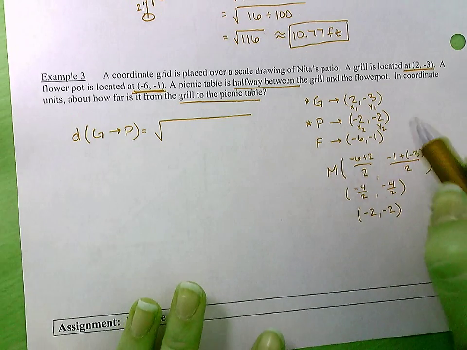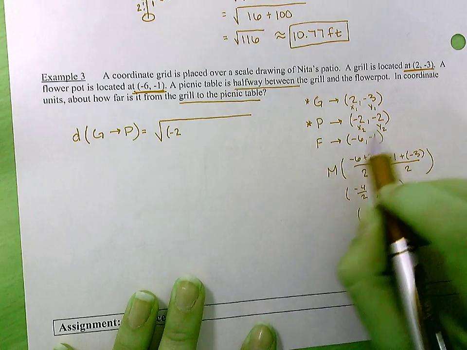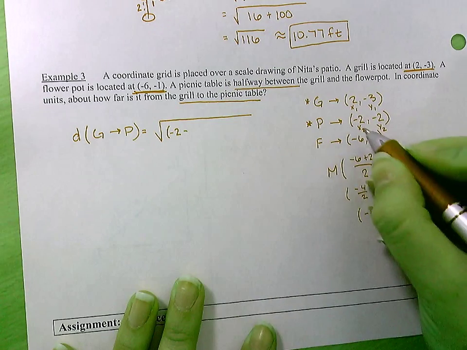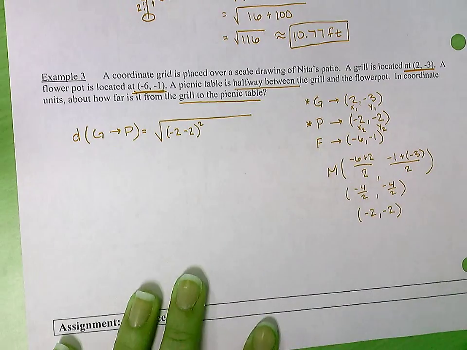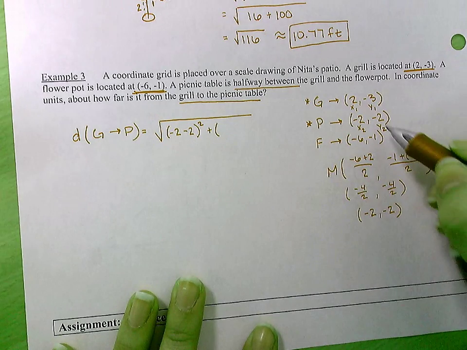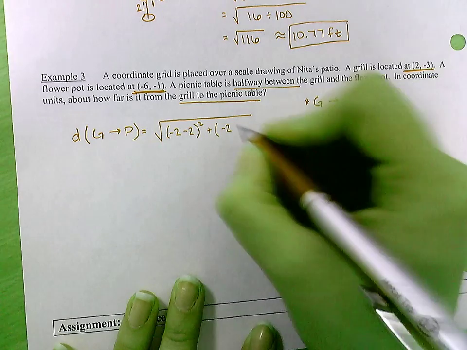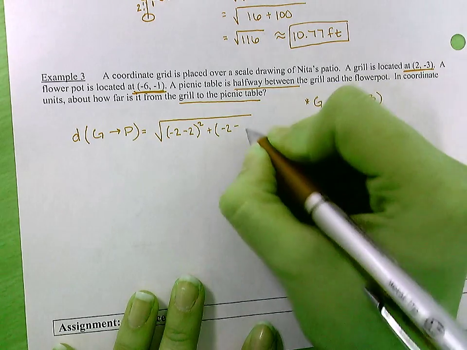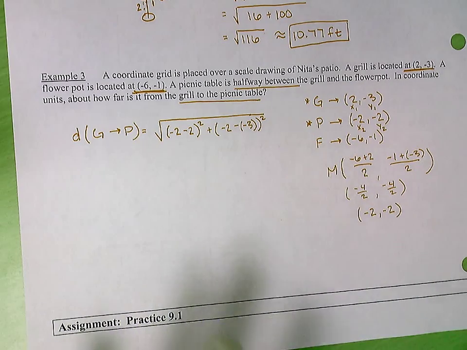Okay, so we need x sub 2, that's -2, minus x sub 1, 2, that's squared, plus y sub 2, again is -2, minus -3, and that quantity is squared.